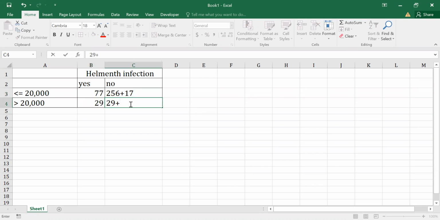Yeah, should be 19, sorry. Then here we will have 7. So that now the total will be 256 plus 19, 275. And here below it will be 36.